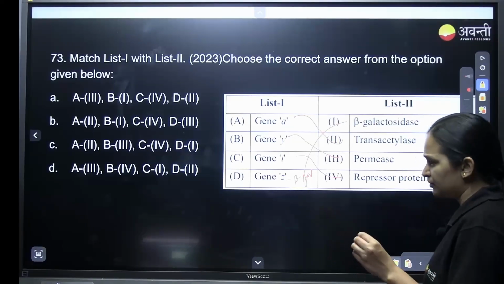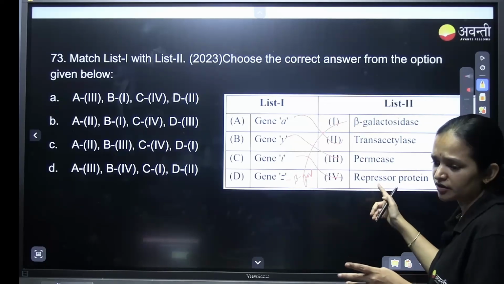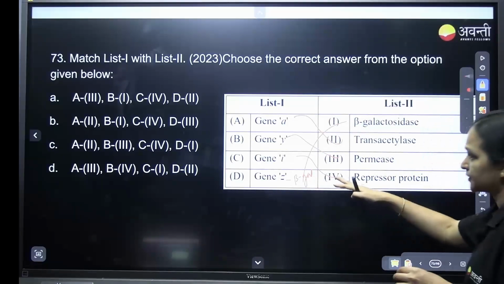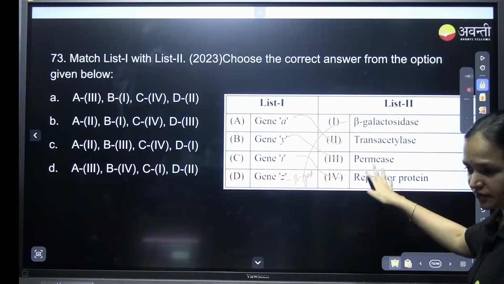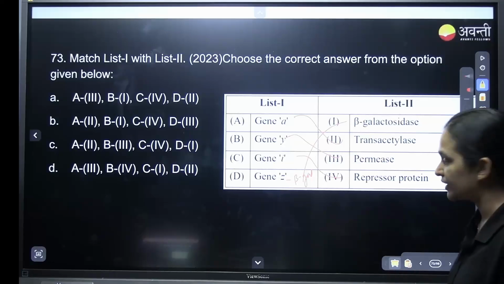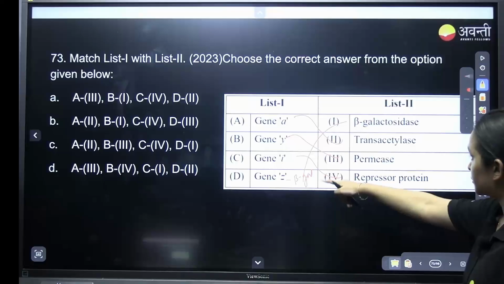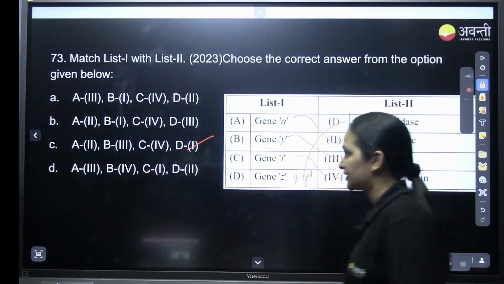Many times you can see 2 to 3 questions of such a pattern, they have given in the previous years. Understanding? Lac operon is very much important. Just go through it once, revise it, recall it just before the exam. So D1, we got it. C is the correct answer.